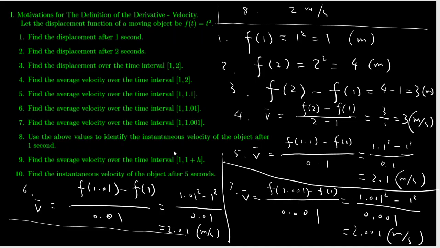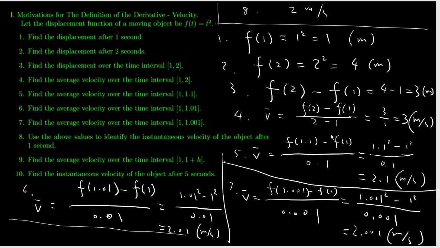Remember the term, we call it instantaneous velocity. So do you see, essentially this 2 meters per second is obtained by observing some kind of limits, right?